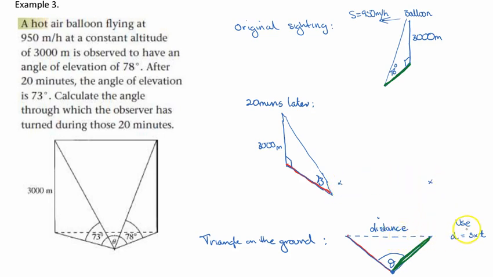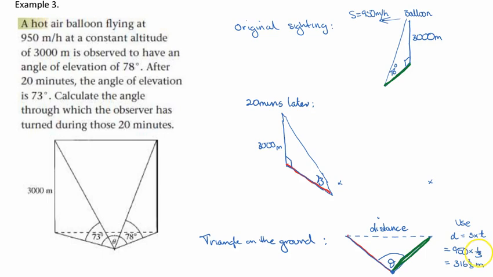To calculate that distance, we can use the formula distance is equal to speed times time, and that will give us at least one side of our triangle. Now, do not assume that this is 90 degrees and that's a hypotenuse, although it might look like it. We can't do that.